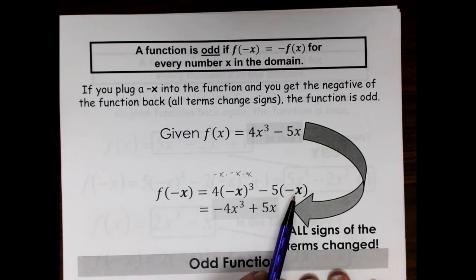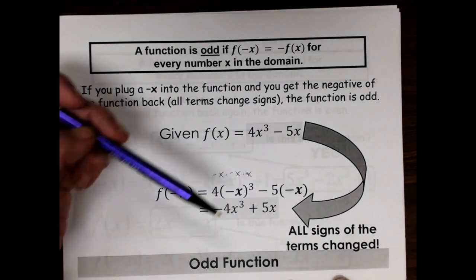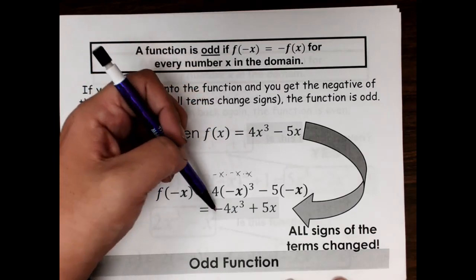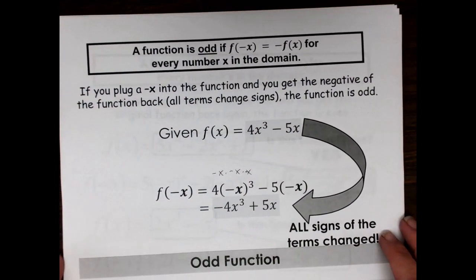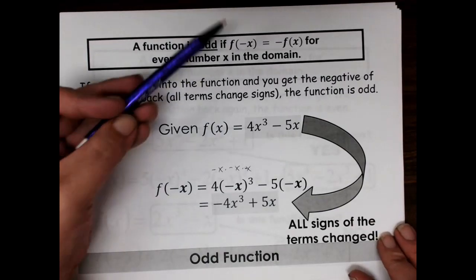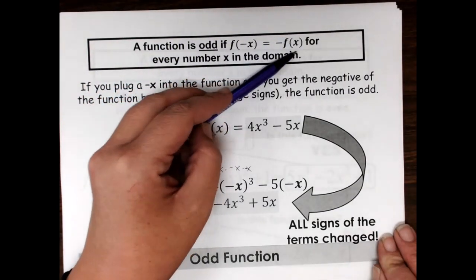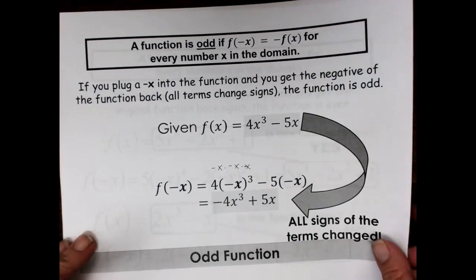And when we have negative 5 times negative x, we get positive 5x. So now notice that we went from positive to negative, and then from negative to positive. All of the signs on the terms changed. So indeed, we did end up with negative f of x. So this is an odd function.